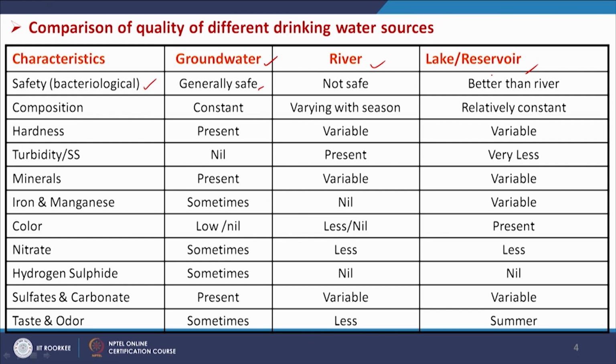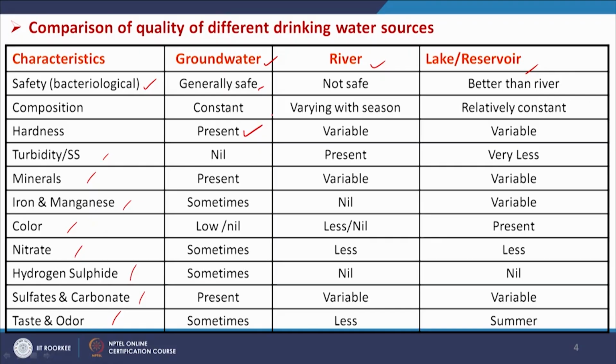If we see hardness, turbidity, minerals, iron and manganese, then color, nitrate concentration, hydrogen sulphide, sulphates and carbonate, and taste and odor, we will see that these are not equal for all three cases. That means the quality of the water source is different.